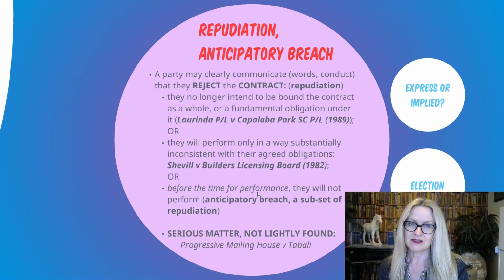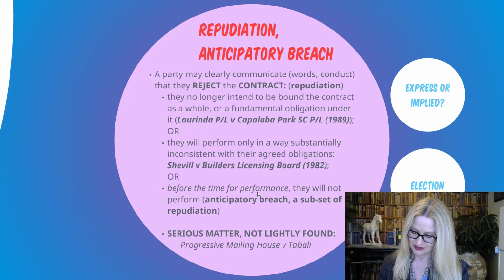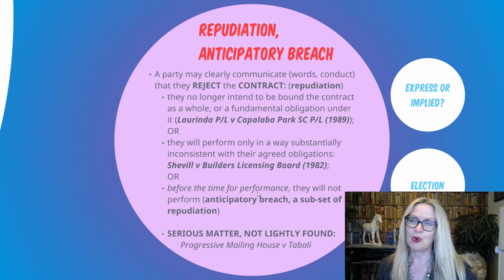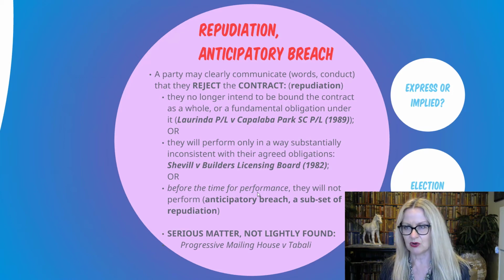In Progressive Mailing House and Tabali, you had the lessee, who was rather naughty, failing to pay rent, failing to open on time, obstructing access to the premises, causing damage to the drains, and subletting the premises without consent. The question there was, could all of that naughtiness add up to repudiation? The court hummed and hawed and finally came down on the side of yes, it did. So it's going to have to be a lot more than just not paying rent on time. It'll be a series of fairly pugnacious conduct that will add up to repudiation of the whole contract.